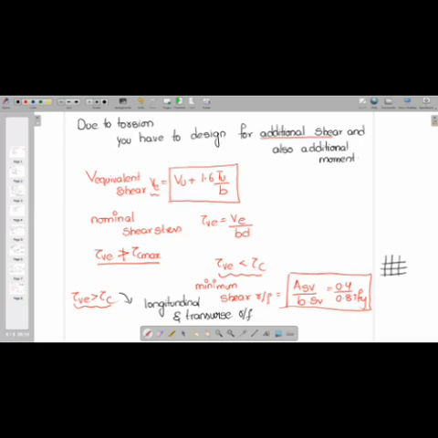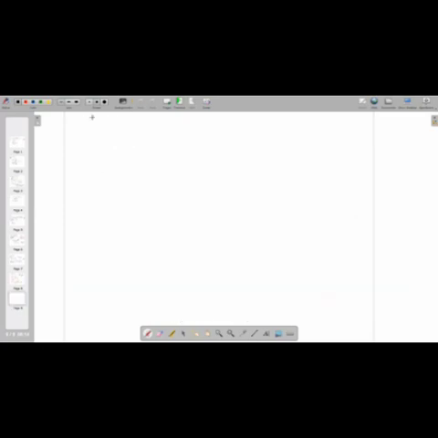Now see students, when I talk about longitudinal reinforcement here, we should talk about the equivalent moment first. What is the equivalent moment?